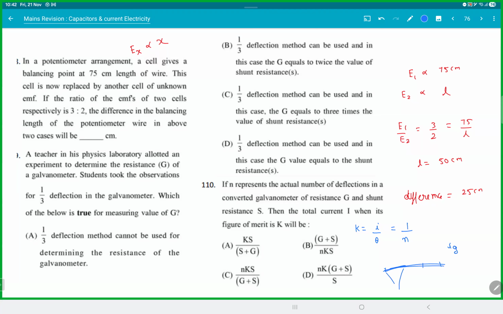Total current Ig by each angle subtended. I think this is only n, I guess.